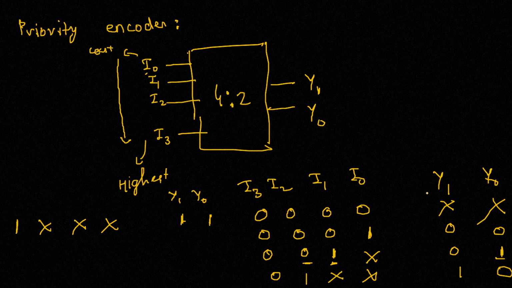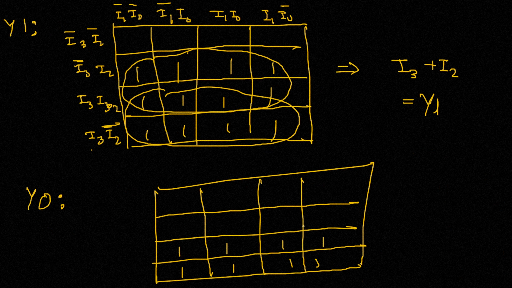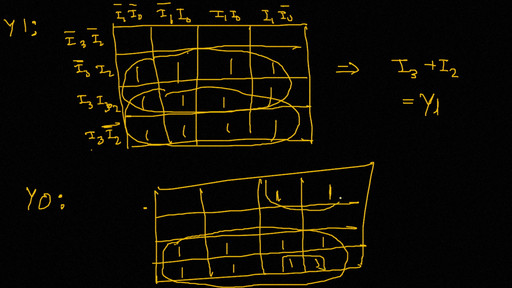And then when I2 is 0 and I1 is 1, then again Y0 is 1. So I2 being 0 is this place, and I1 being 1 is this, so these are the two cases. So let's take this 8 group and then this 4 group, these two and these two, right?